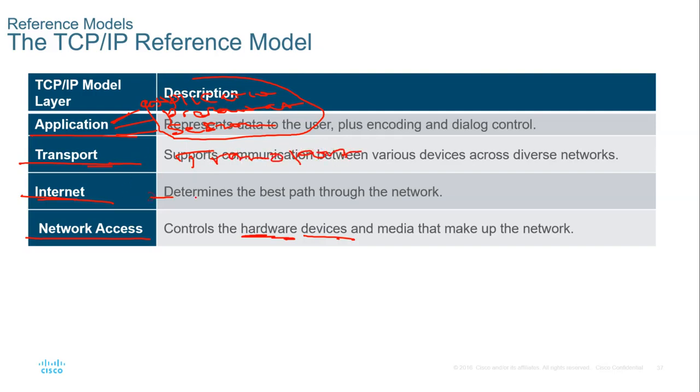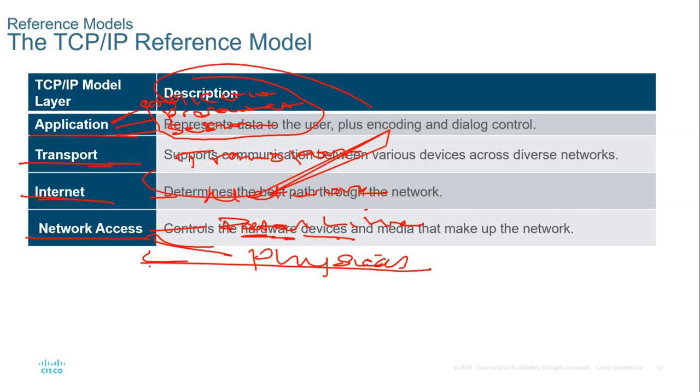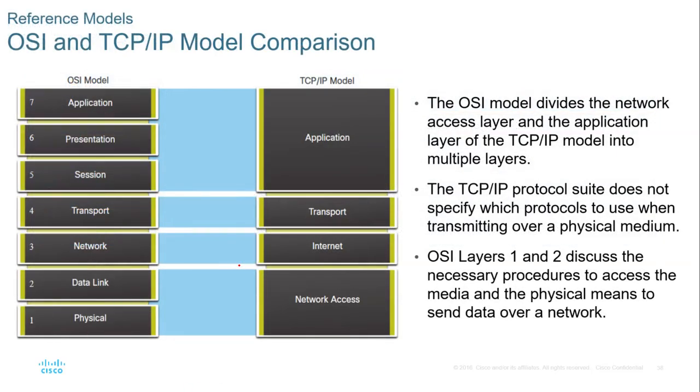Then when it comes to internet, it's network. Then under network access, we have 3: data link, and then physical layer. Okay. So here, that is why we have the comparisons.